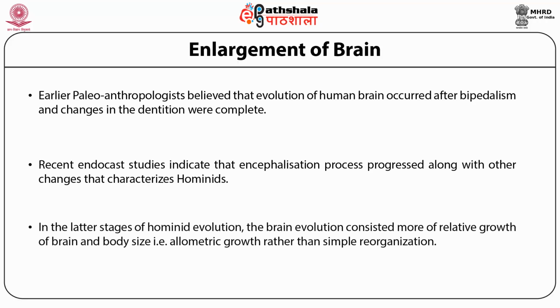In the later stage of hominid evolution, brain evolution consisted more of relative growth of brain and body size, that is, allometric growth rather than simple reorganization.